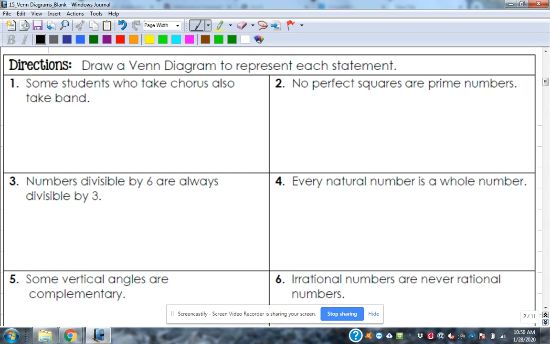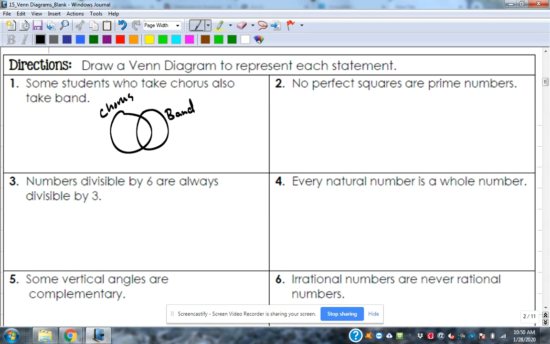You've got some that are overlapping that are taking both, right? So what kind of picture should it be? Yeah, the sometimes one in the middle. So a circle and another circle overlapping. We'll call the one on the left the chorus and the one on the right the band. But they overlap. So the Venn diagram for that is the overlapping circles.